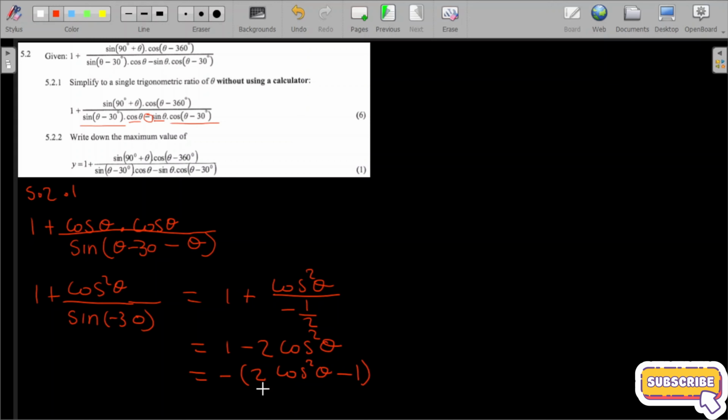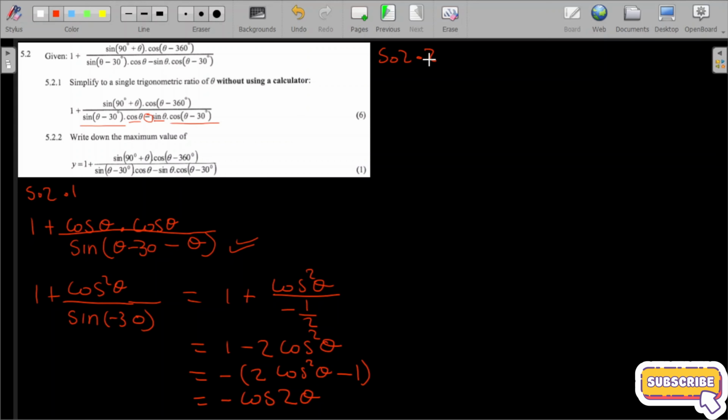And I hope you can see this part here is exactly the negative double angle of cos, which is just cos 2 theta. I hope you're on the same page there. The trick thing was you recognizing this is a compound of sine, which is these things that they had here. Very, very, very important.